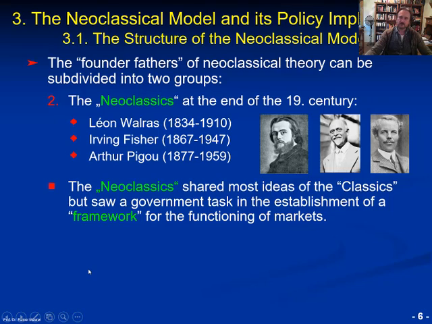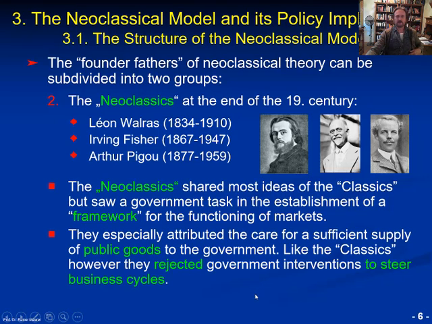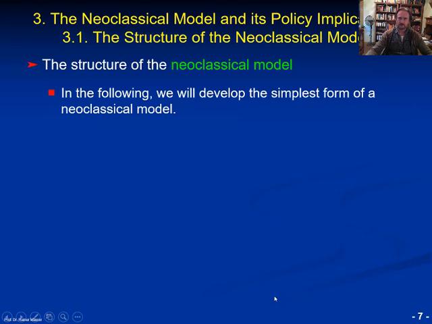The neoclassics shared most ideas of the classics, but typically saw a government task in the establishment of a framework for the functioning of markets. They especially attributed the care for sufficient supply of public goods to the government. Like the classics, however, they rejected government interventions to steer, for example, business cycles.